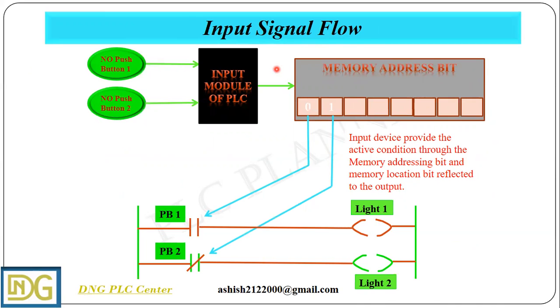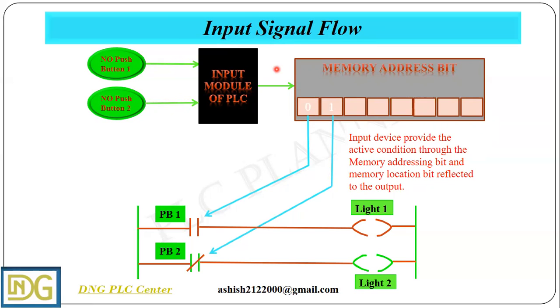Okay, so when the push button PB1 is not pressed, the memory bit is 0. At the initial state, when PB1 is not pressed, the memory bit will be 0. And then when it is pressed, the memory bit will be 1, and then the output light 1 will also be on.